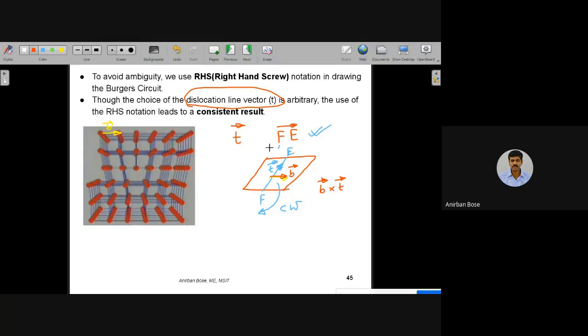Again, if you use the right hand screw rule, you point your four fingers moving from B to T, and the thumb will give you the direction of B cross T. That means B cross T is showing the upper part of the plane. This is clear. What is the direction of B cross T?